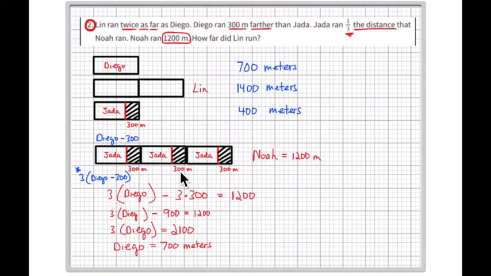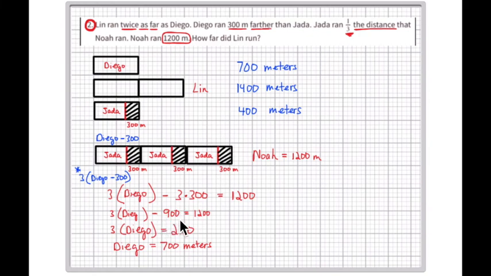So this is a little bit tough in here. So I would go over this several times and think about what's going on. We're calculating this as 3 times Diego minus 300. So 3 times Diego is 3 Diego's runs minus 300, but 3 times. So minus 900, minus 300 3 times.